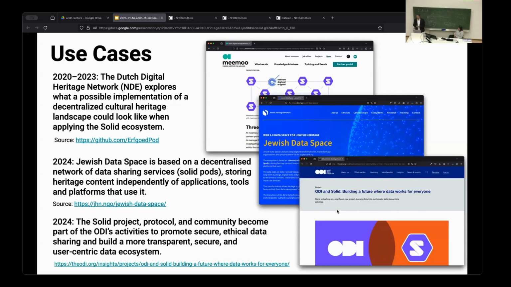And finally, and I think this is good news, in 2024, the Data Institute in the UK announced that it will, in the future, curate the Solid standard together with the Solid community. So the whole thing starts to get an institutional background. So I personally think it's really a good time to look at Solid.